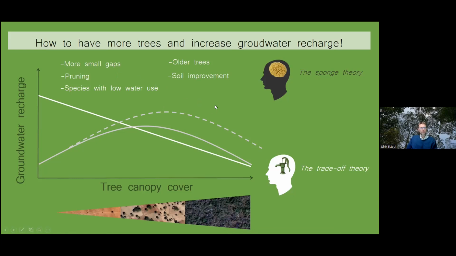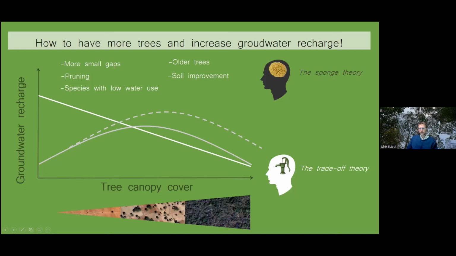The more small gaps we can create, the more infiltration we get, and we can look at species selection, the species that use less water, and also old trees are using less water, and other soil improvement techniques could also help changing the pattern of this curve so that we get higher groundwater recharge and the optimum tree cover where we have the optimum recharge is also changed to a higher tree cover.